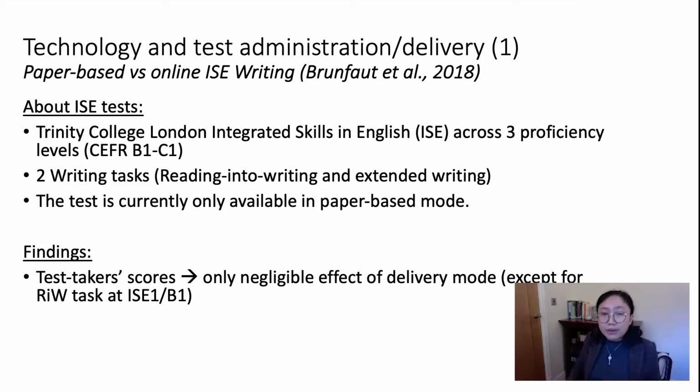It was quite comparable whether test takers take the test in the paper-based format or the online or computer-based format, except for the reading into writing task at ISE 1 or B1 level CEFR.